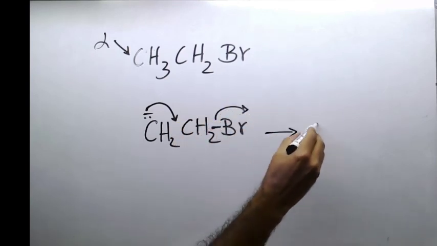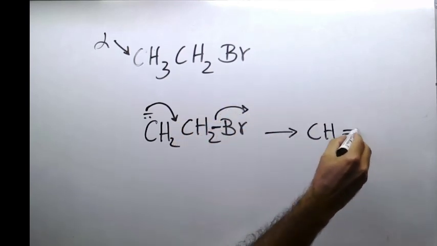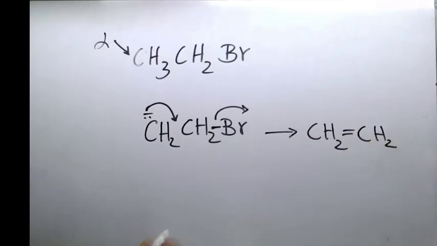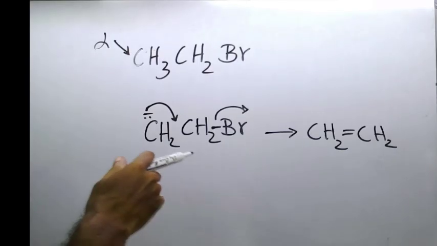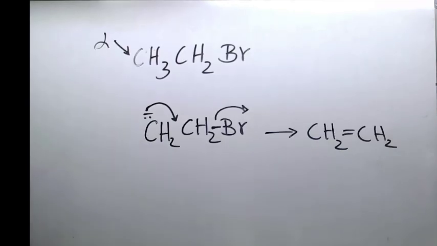It will result in an alkene. Compared to the earlier example, this is not a reversible process. Once Br leaves, it cannot reattach. So this is going to be a totally different molecule. This reaction is used when we use alcoholic potassium hydroxide with an alkyl halide.